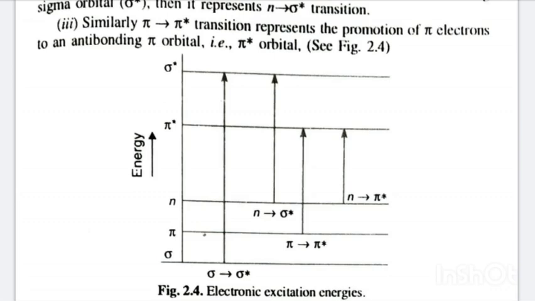In the initial state, before we pass the UV and visible region of light, the electrons occupy either a sigma bond or a pi bond in the molecule, or they are non-bonded electrons available in certain heteroatoms in the molecule.